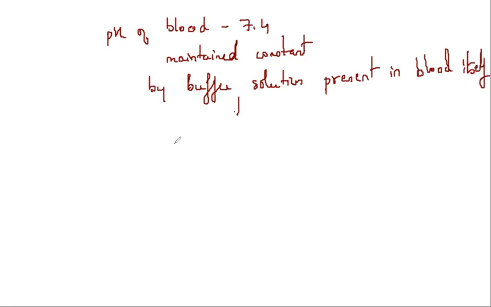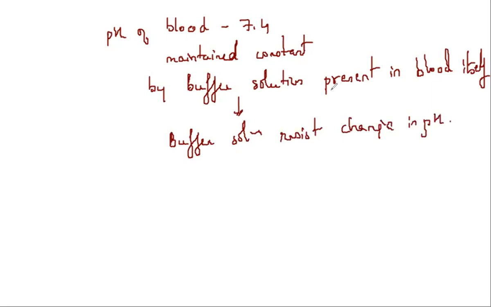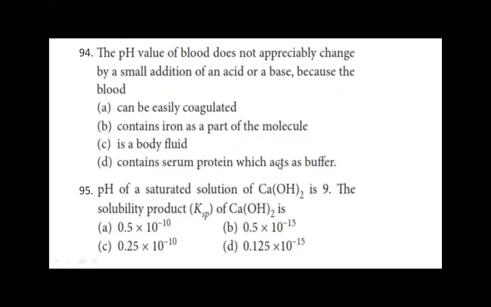We know the work of a buffer solution: it resists change in pH upon addition of an acid or a base. Therefore, the pH of blood remains constant. The reason is that it contains the serum protein which acts as a buffer, which is present in the blood itself.